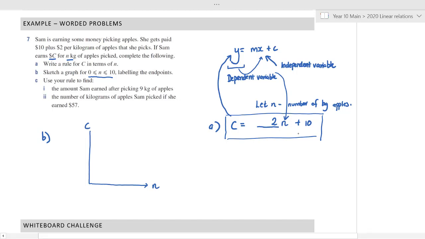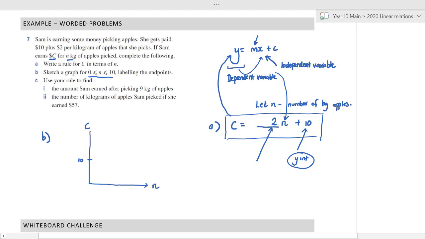If we have a look, this is like y equals mx plus c, the constant. This is the y-intercept. Well, in this case it's not the y-intercept, it's the C-intercept, isn't it? So C is 10. And you can see the gradient is 2, the coefficient of x in y equals mx plus c, in this case the coefficient of N.